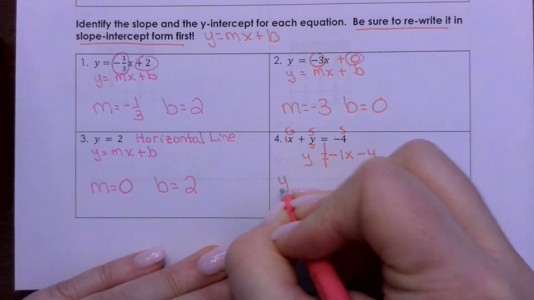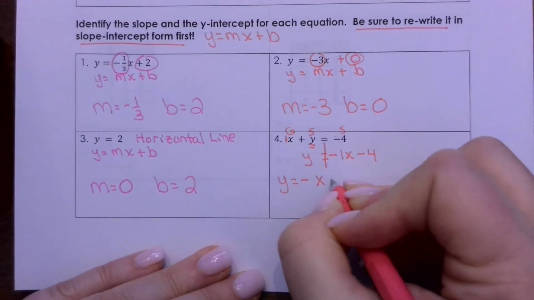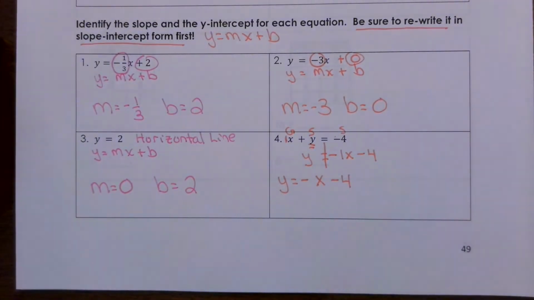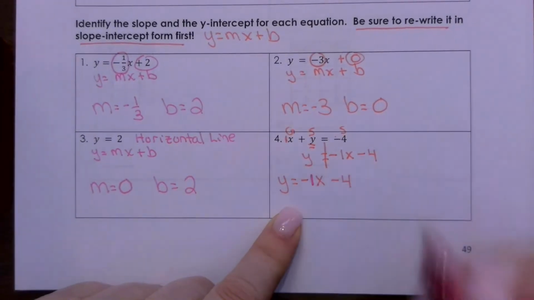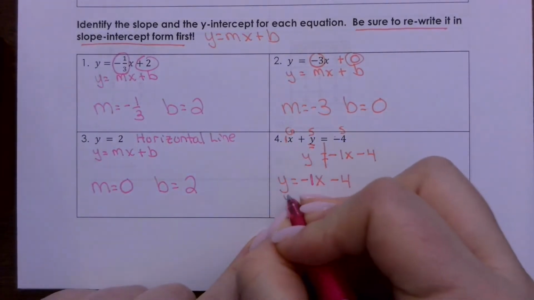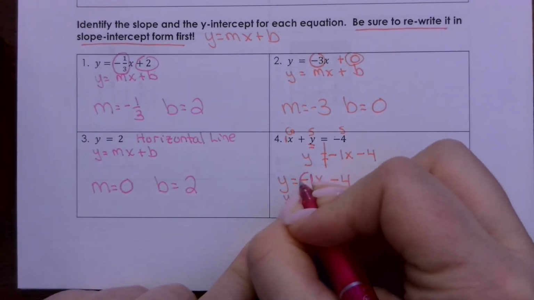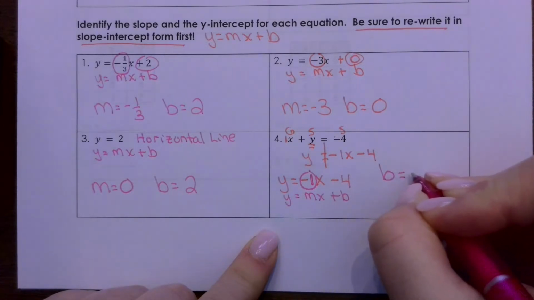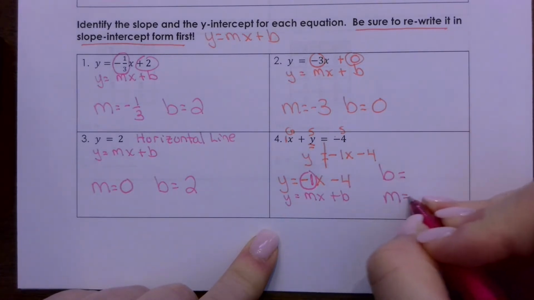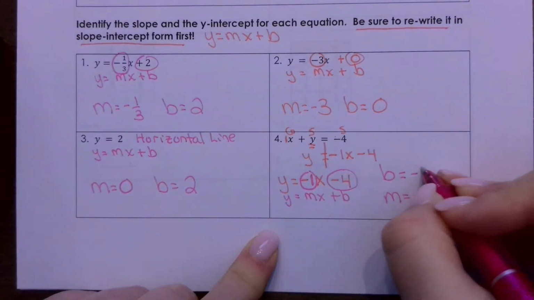So my y equals mx plus b equation is y equals negative x minus 4. Now I want to remember that if there's no number there, that's really a 1. And that's very helpful because when I think of y equals mx plus b, if there's nothing there, my slope is either 1, or in this case, I forgot to write my m, it would be negative 1, and my b is negative 4.